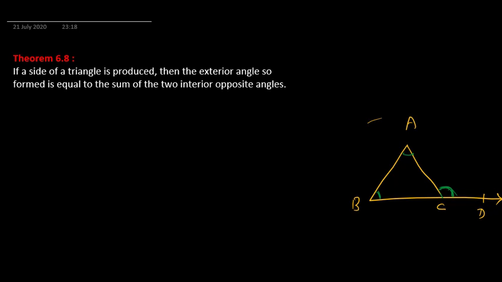Again we can write what is given. We are given triangle ABC with angle ACD as the exterior angle.